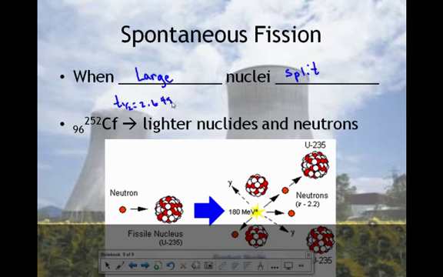And it just, all on its own, breaks down into lighter nuclides and neutrons, and it's produced at the Oak Ridge National Labs in Tennessee. Californium-252 is produced as a neutron emission source so that people can use it to get neutrons for the research that they're doing, or for a nuclear reactor, wherever you might need to have a neutron shooting into something else. So californium is spontaneously going to divide.